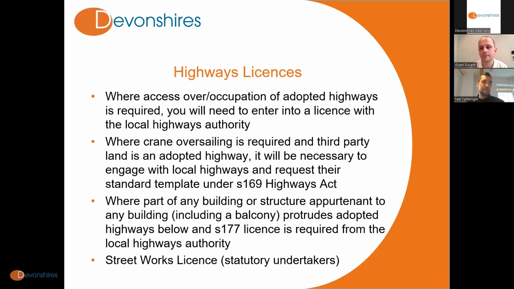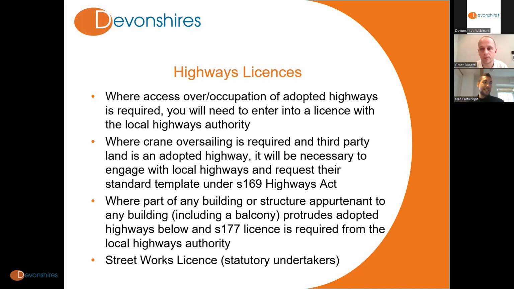Another example is where part of a building or a structure pertinent to a building on a new development, such as a balcony, protrudes over the adopted highways below, and as Grant said before, it's not necessarily a physical intrusion, even if it's just in the airspace above. That is still considered a third-party encroachment.